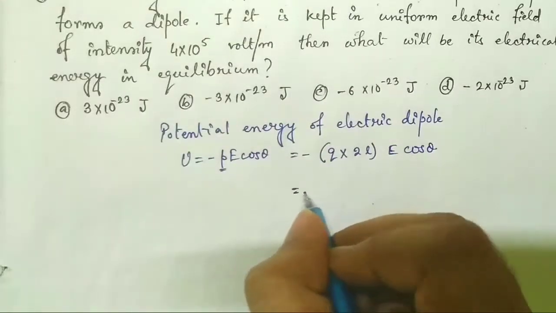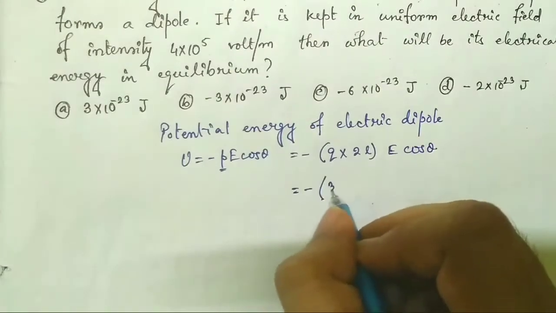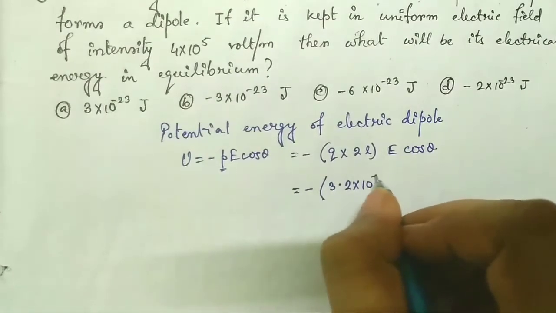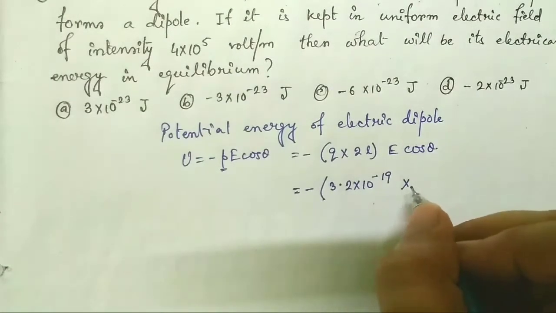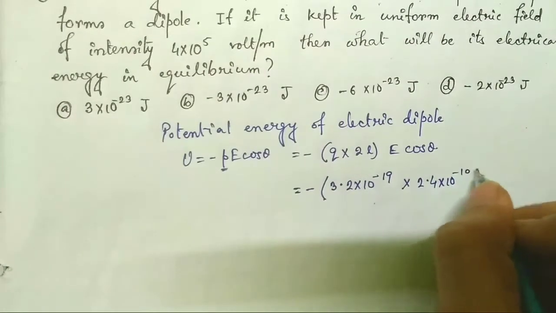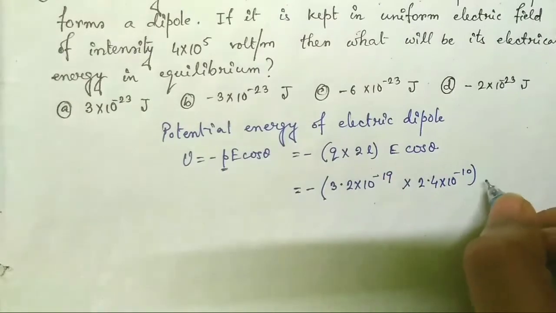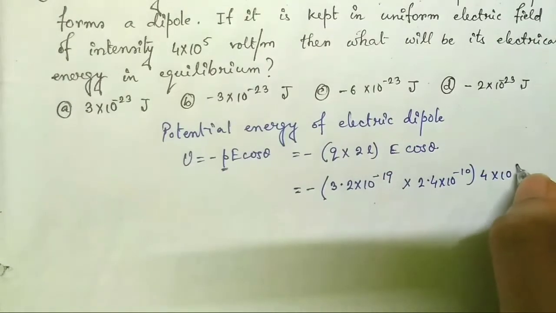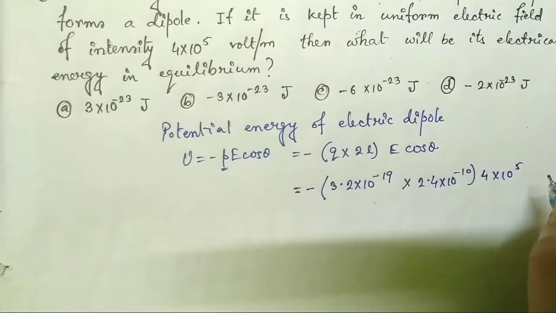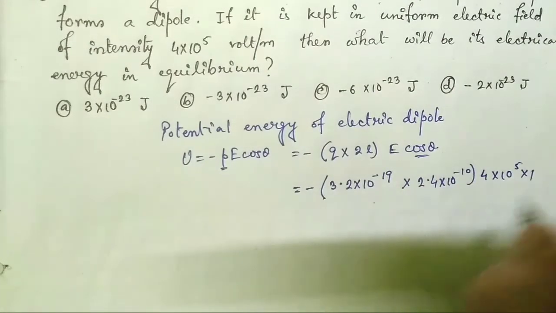Now minus of, what is the charge? 3.2 into 10 to the power minus 19 into, what is the distance of separation? 2.4 into 10 to the power minus 10 meter, and the electric field intensity is 4 into 10 to the power 5 volt per meter, and the value of cos theta will be 1.